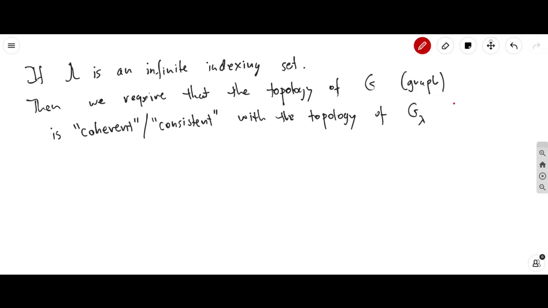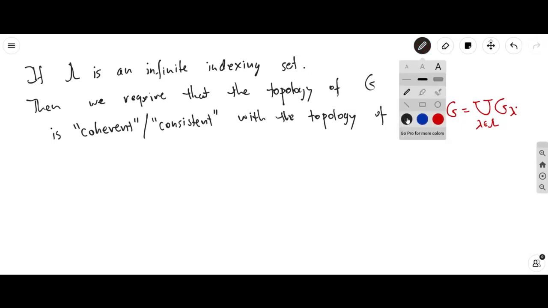Recall that G is a union of its edges. So you want the topology of the entire graph to be consistent with the topology coming from each of the edges. So what do we mean?